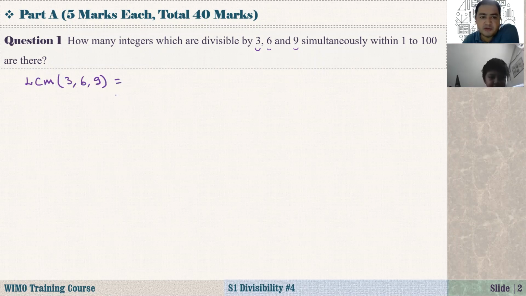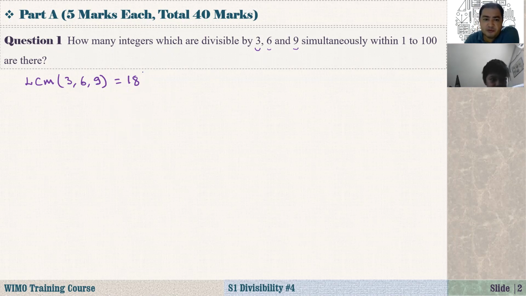What is the least common multiple of 3, 6, and 9? That is 18, right? 9 is not divisible by 6, and the second multiple of 9 is 18. 18 is divisible by 3 and by 6. So 18 is the least common multiple of these numbers. For a number to be divisible by these numbers, it must be a multiple of 18. Otherwise, it will not be divisible by all these numbers simultaneously.